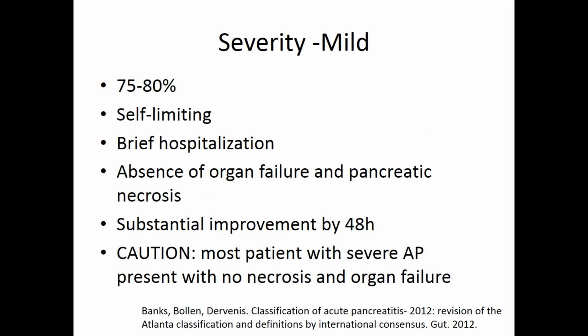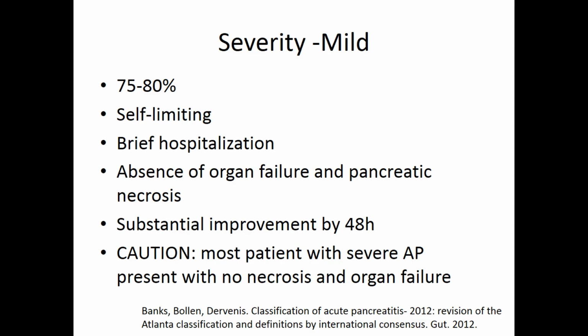Once you've assessed the etiology of your pancreatitis, the next step is to evaluate the severity of the presentation. Fortunately, the majority of patients with acute pancreatitis, up to 75 to 80%, will have a mild course. When that's the case, they have a self-limiting course, a brief hospitalization, they do not have any organ failure, and they do not develop any pancreatic necrosis.